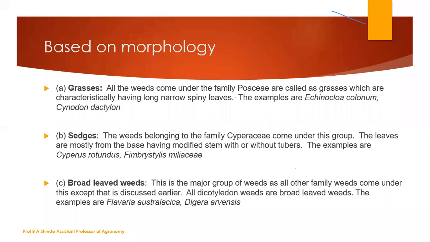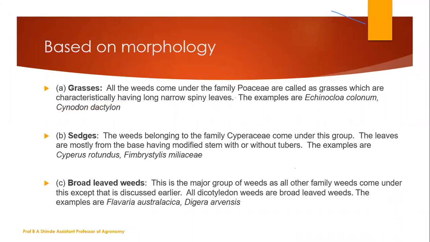Their leaves are mostly from the base, having modified stems with or without tubers. Generally, the Cyperaceae weeds are the sedges. Examples are Cyperus rotundus, then Fimbristylis miliacea. Then the broad-leaved weeds.